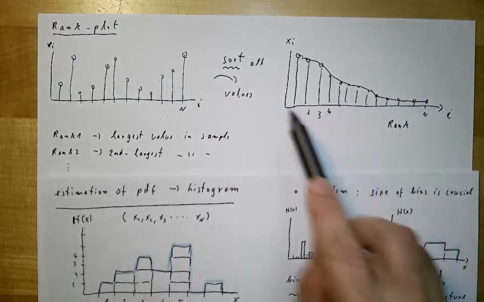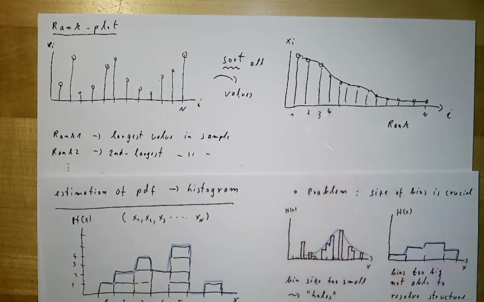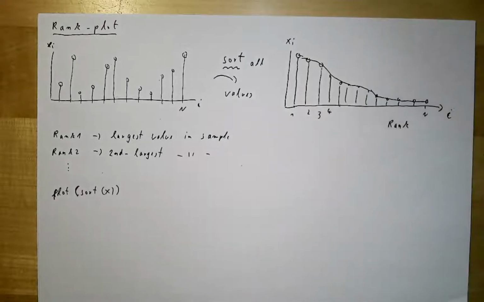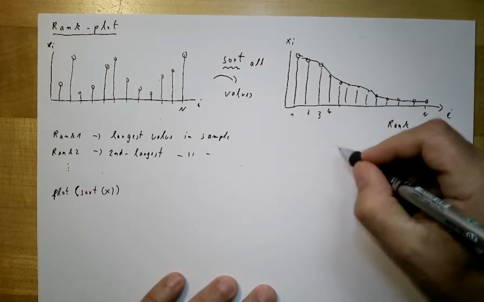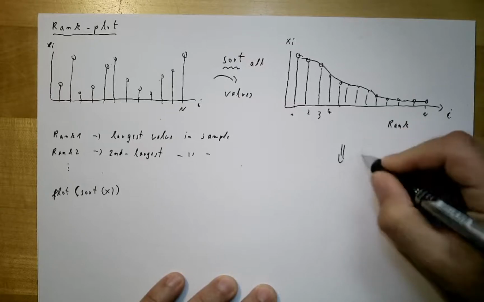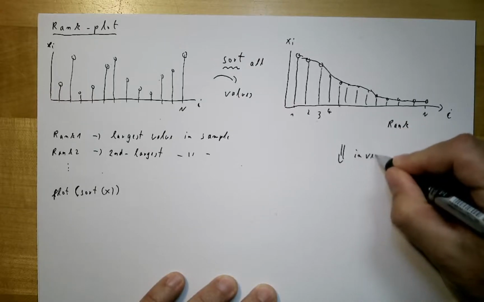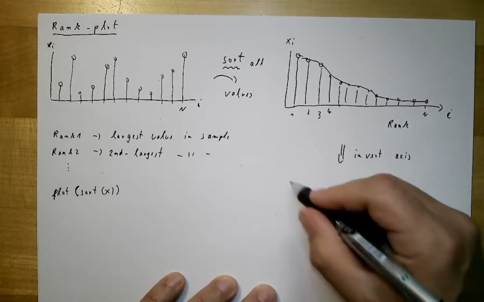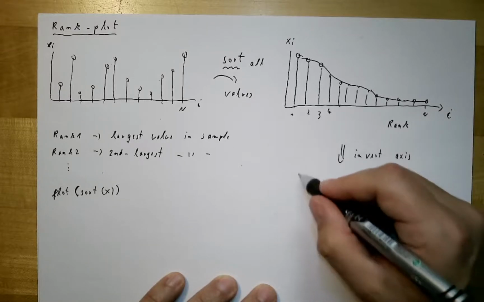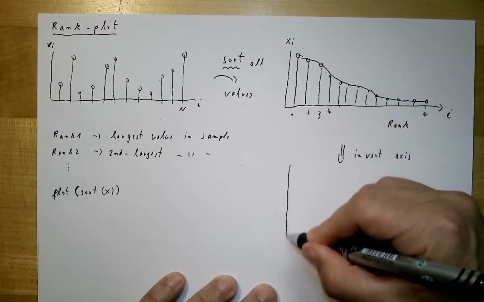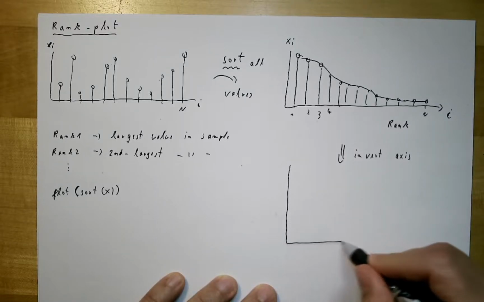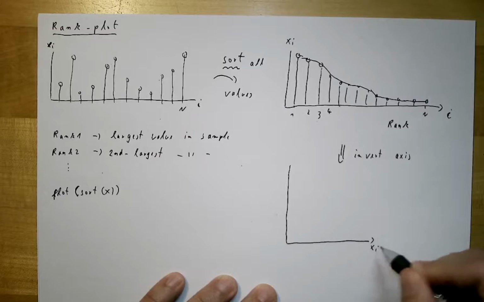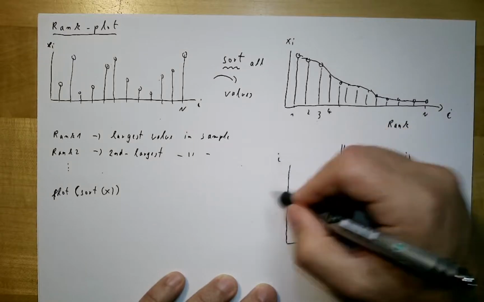So let's see what's happening if we take our rank plot and just invert the axes. So we take the same plot, but plotted just here the x_i and here the rank.